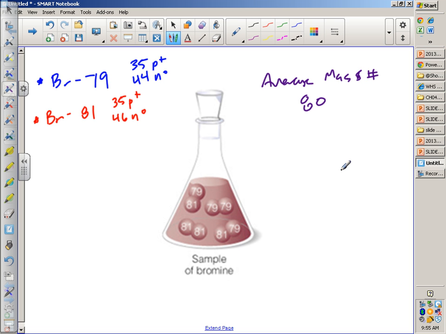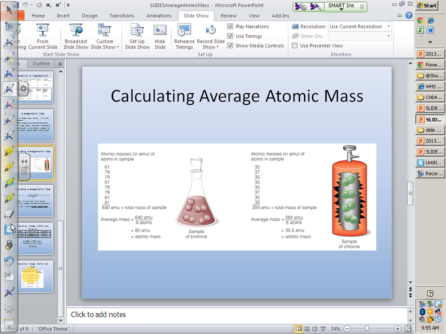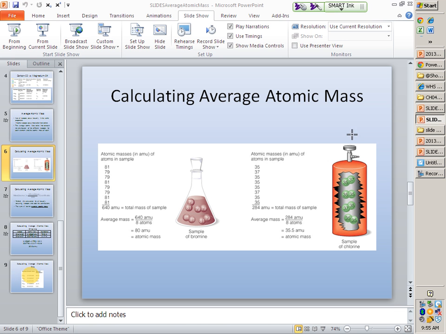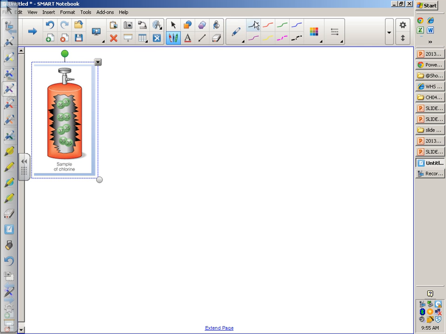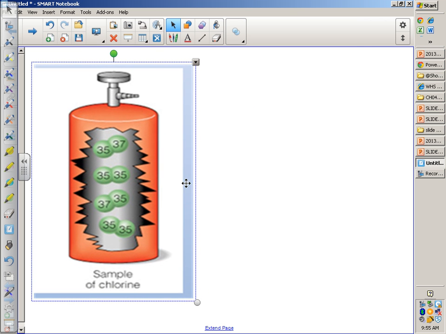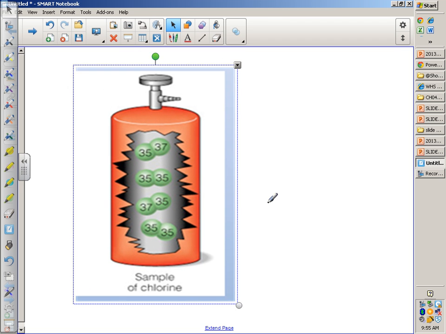But not all elements turn out nice and even like that. For example, let's take a look at this random sample of chlorine. Chlorine's a gas at room temperature, so we put it inside this container. And inside this container there are tons and tons and tons of chlorine atoms.